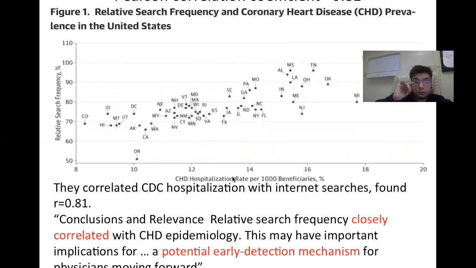They correlated the coronary disease hospitalization with the internet searches, and then they found a Pearson correlation coefficient of 0.8, and they concluded that the internet searches closely correlated with the coronary heart disease epidemiology. So, internet searches could also be used as a potential early detection mechanism for all these chronic illnesses where people have a tendency to search for the symptoms they suffer from in a particular geographical location.